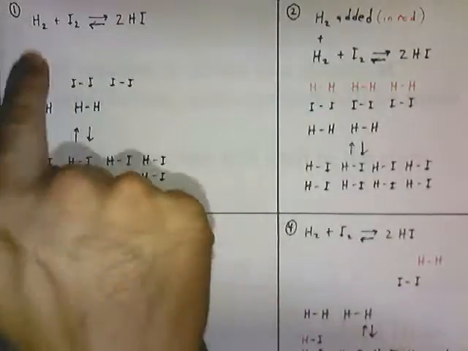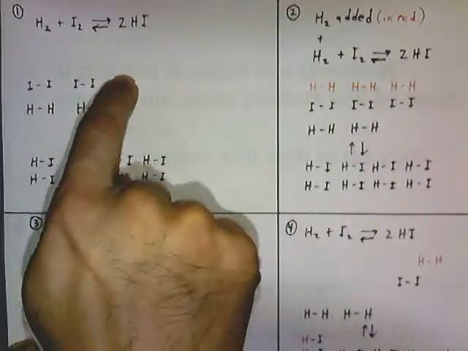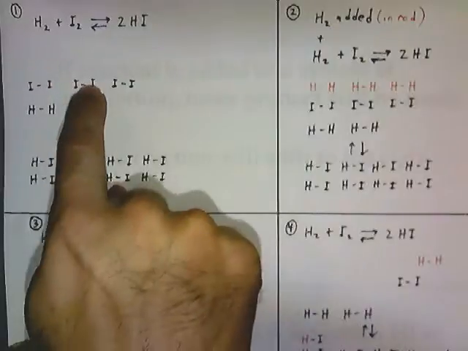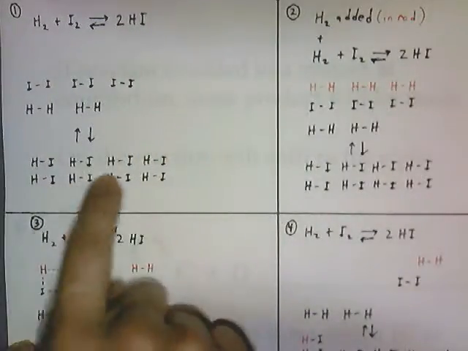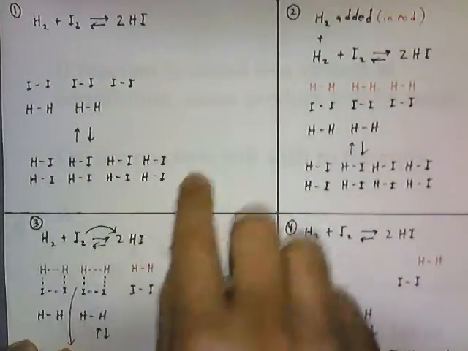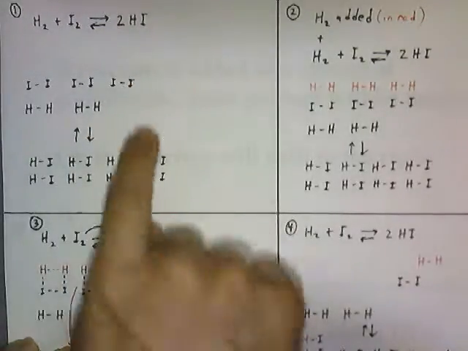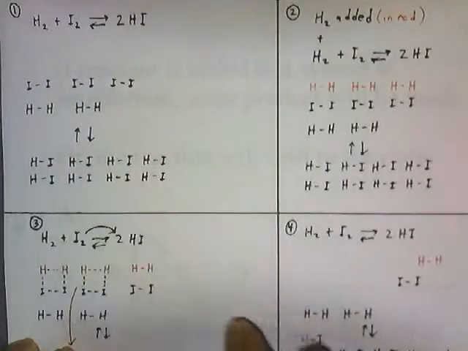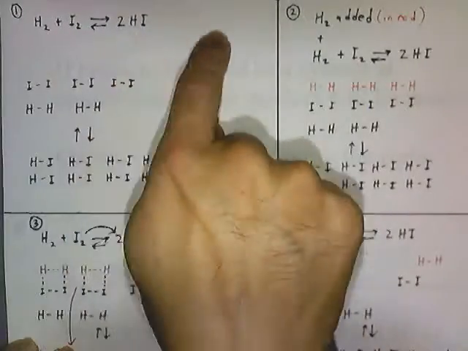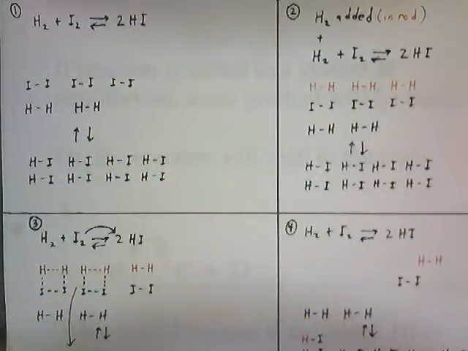So you have H2 and I2, and they are reacting to form HI. It's going back and forth at equilibrium. The amounts of each substance stay constant, and all these substances are colliding into each other, but we're getting the reaction and the reverse reaction.